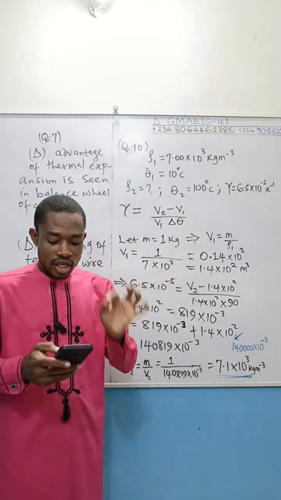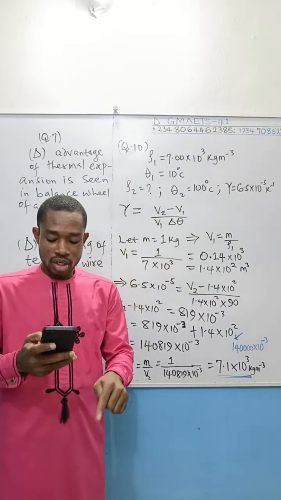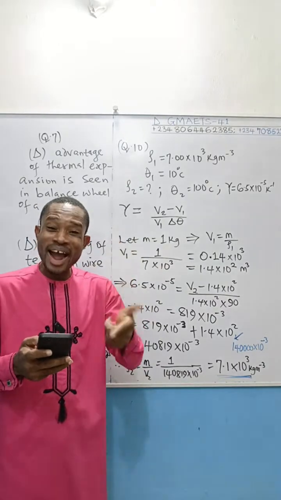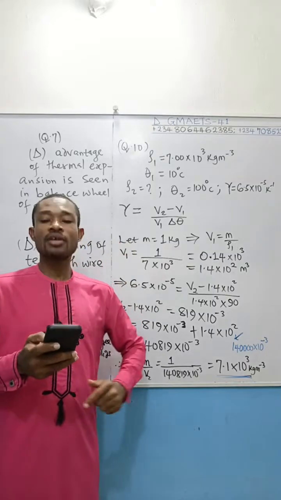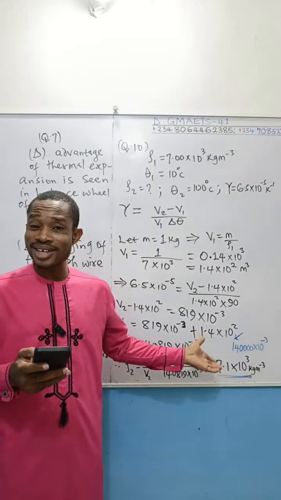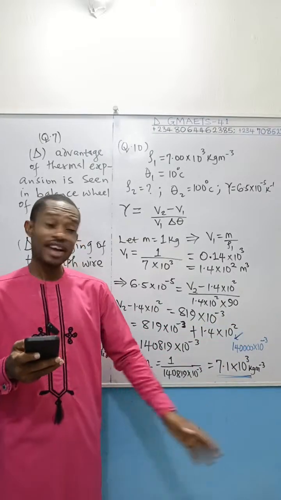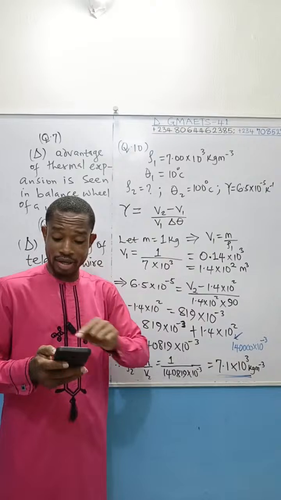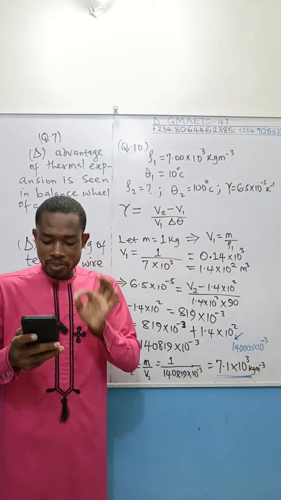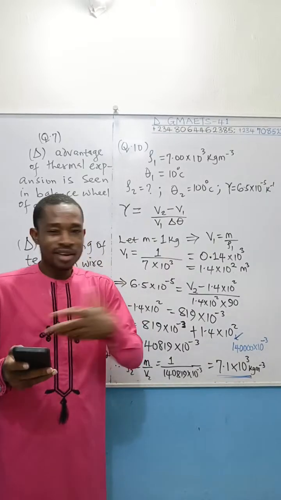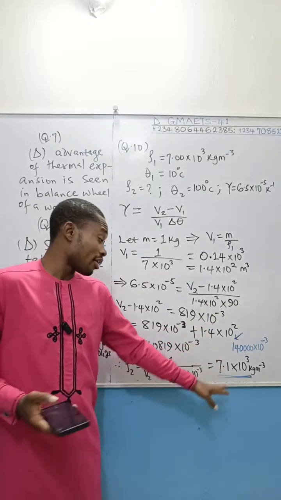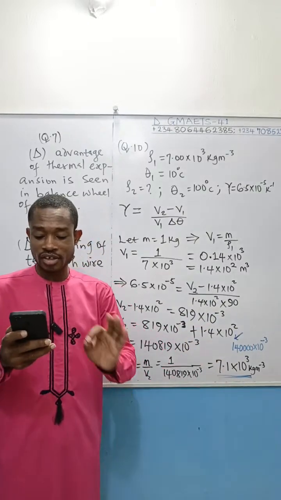The options I have here, I have option A, 7.82 times 10 to the power of minus 3 kilogram per cubic meter. That is not the answer. This is 7.1. And in fact, the power is 10 raised to the power 3, not minus 3 as we have here. Option B is 6.96, because that's not the answer, because it's not agreeing with what I have here, 7 point something, 7.1.